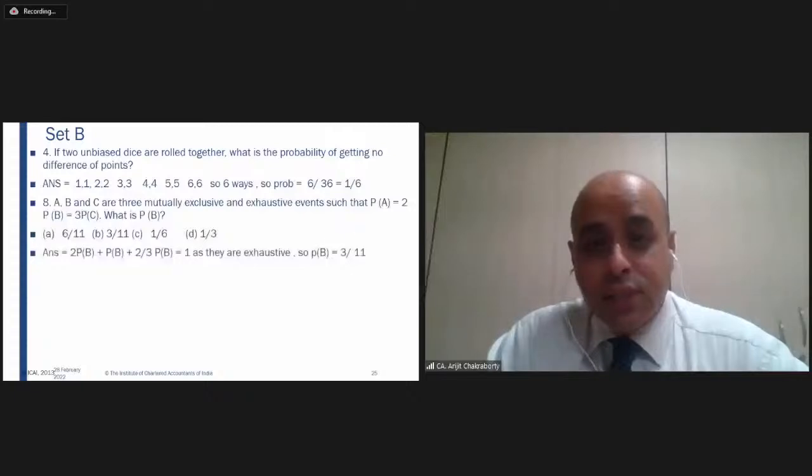But it is already given that PA is equal to 2 into PB, that is equal to 3 into PC.